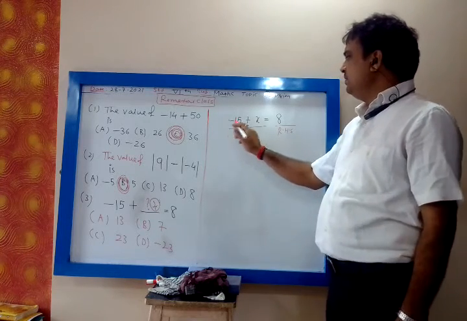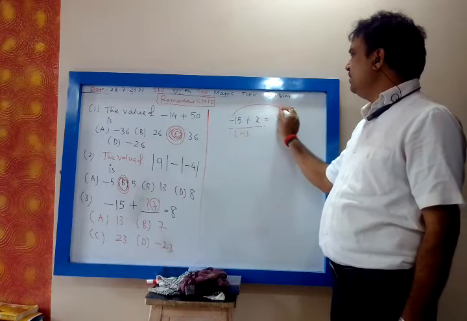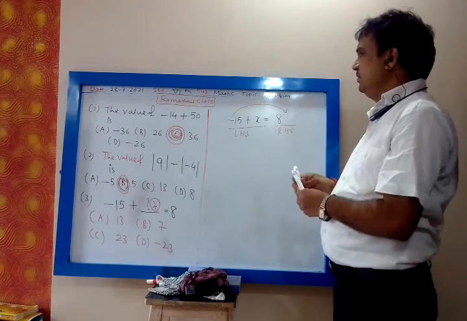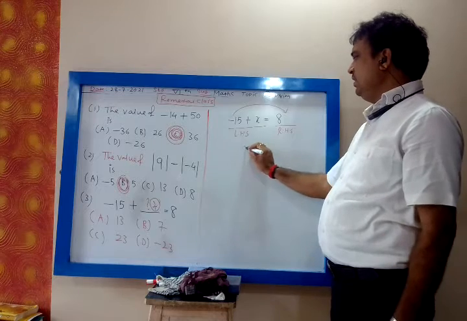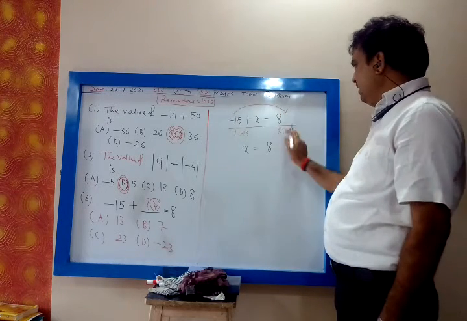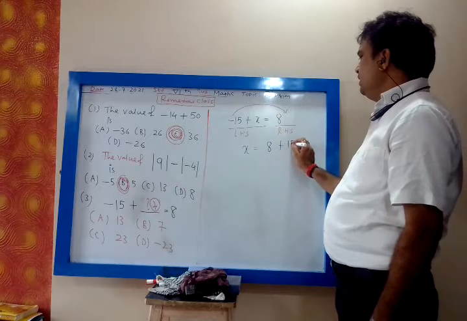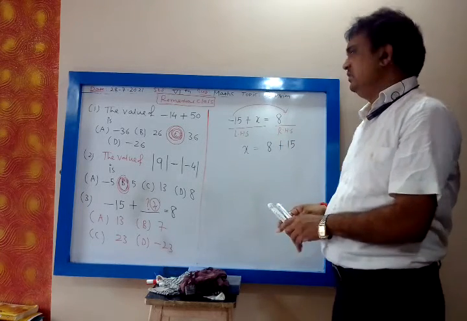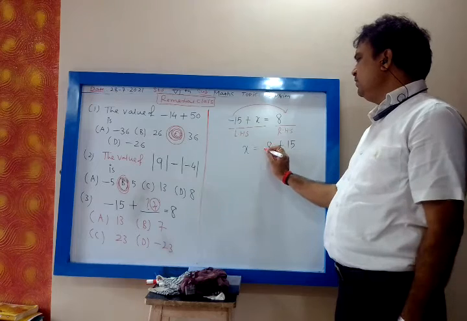Now this is minus 15. When I take minus 15 to the right hand side, it will become plus 15. So you will get x is equal to 8 plus 15. Now you tell me what is the sign of 8? 8 has no sign, which means plus sign.